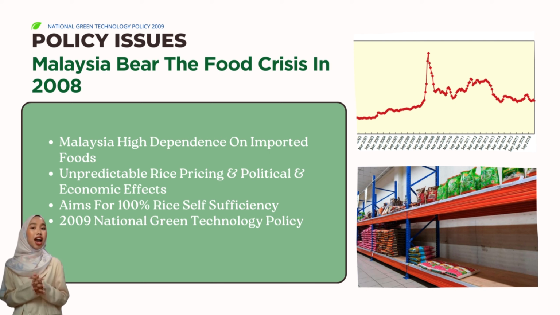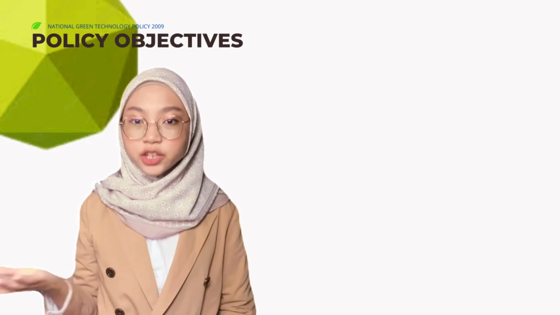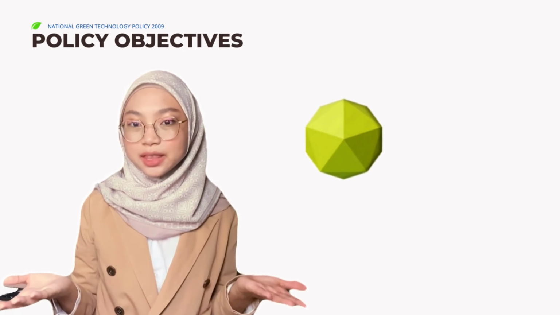Malaysia aims for 100% rice self-sufficiency through technological advancement. And the 2009 National Green Technology Policy utilizes the functions of green fertilizer technology for sustainable development and also to increase the yields. Green technology is a driver of both national economic expansion and sustainable development.